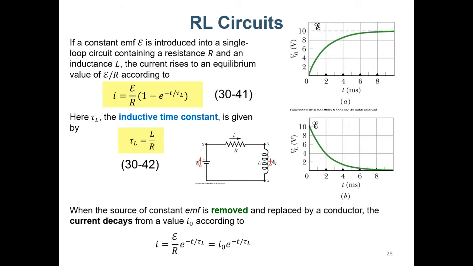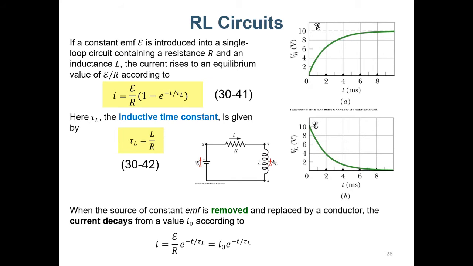And for the initial condition, I at 0 plus should be zero. Which means that 0 equals A plus E over R, because exponential to 0 should be 1.